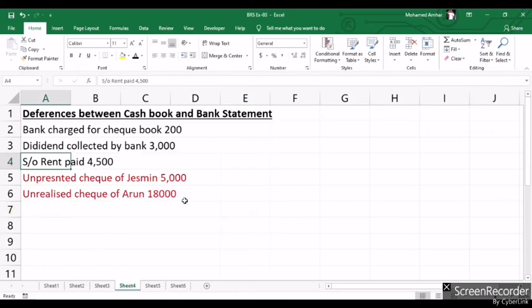Same as the next, the unrealized check of Arun, 18,000.